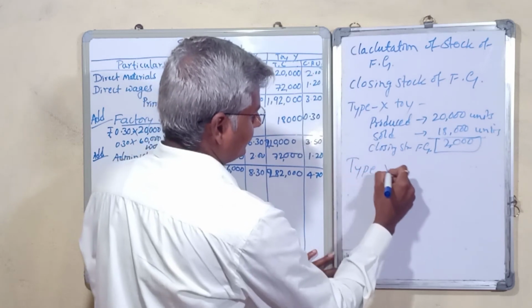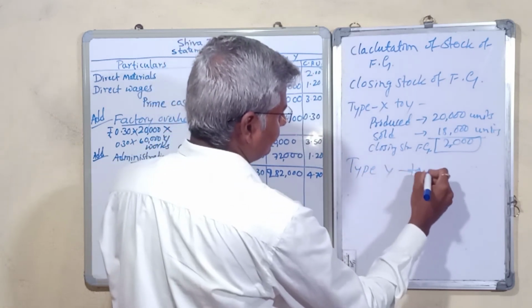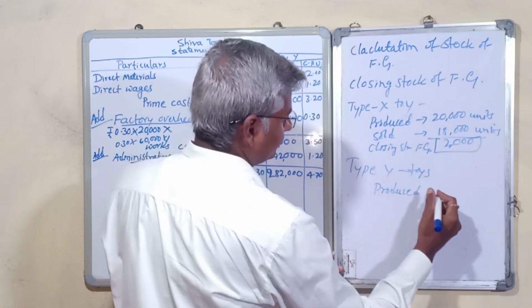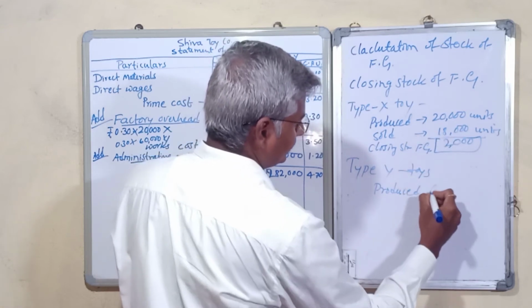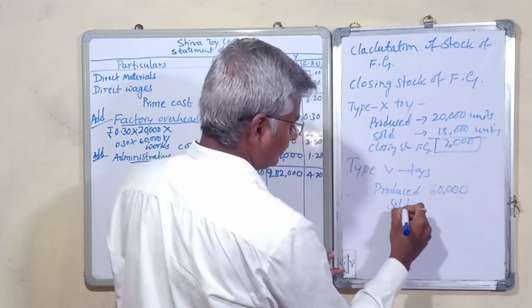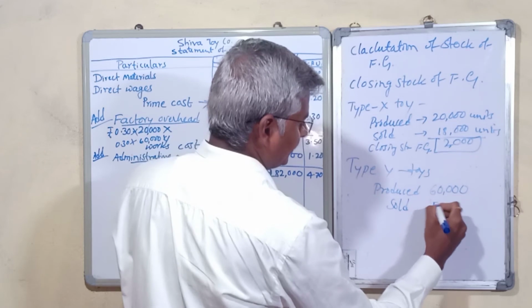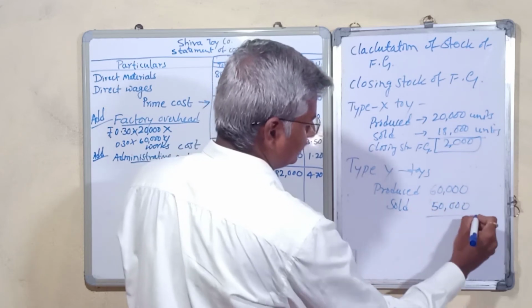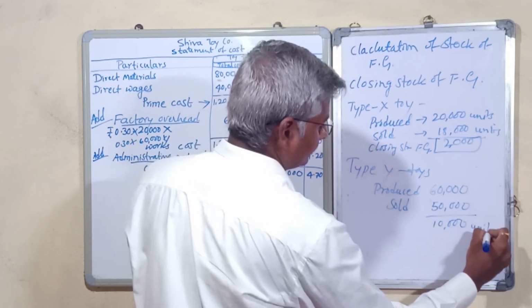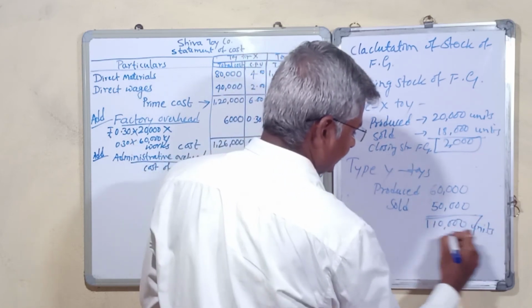Then the same for type Y toys, produced 60,000 units, sold 50,000 units, and remaining is 10,000 units.